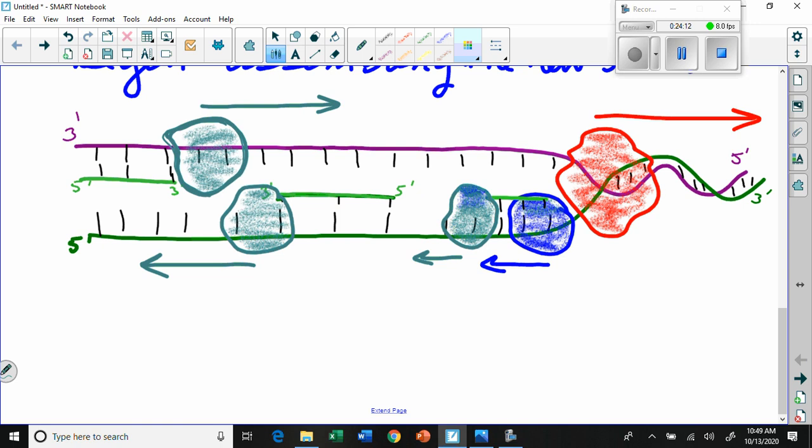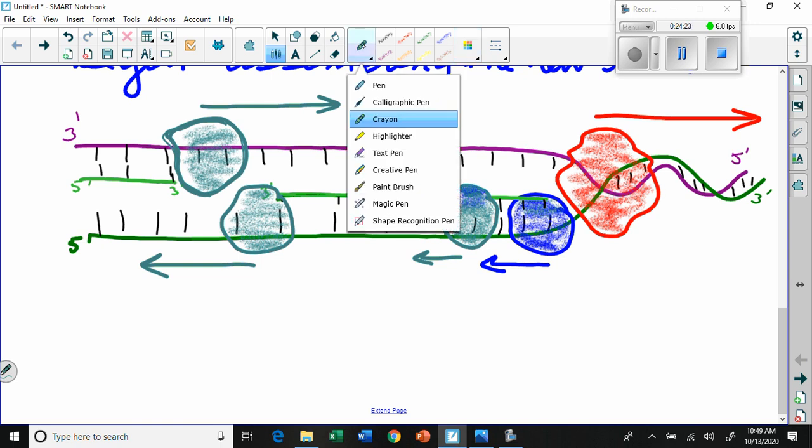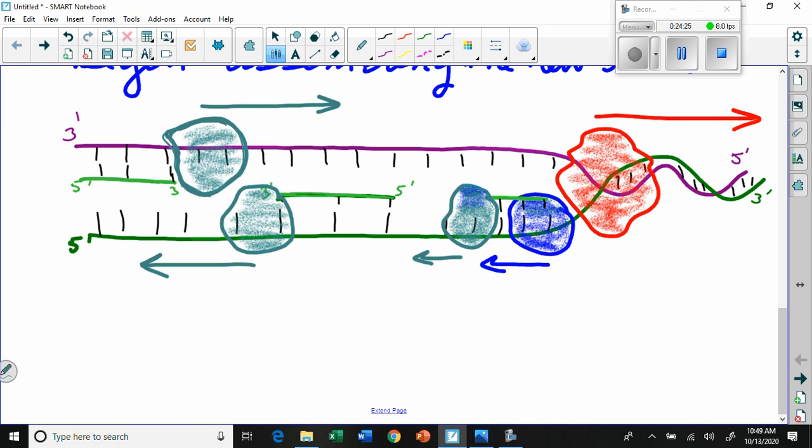On the bottom, you have to have a piece going back, and then another RNA piece and a piece that comes back, and an RNA piece and a piece that comes back, you see? So you're only assembling small sections at a time on the bottom. You can't just run the polymerase all the way across. And so this section of DNA that's going to be built here is called an Okazaki fragment.